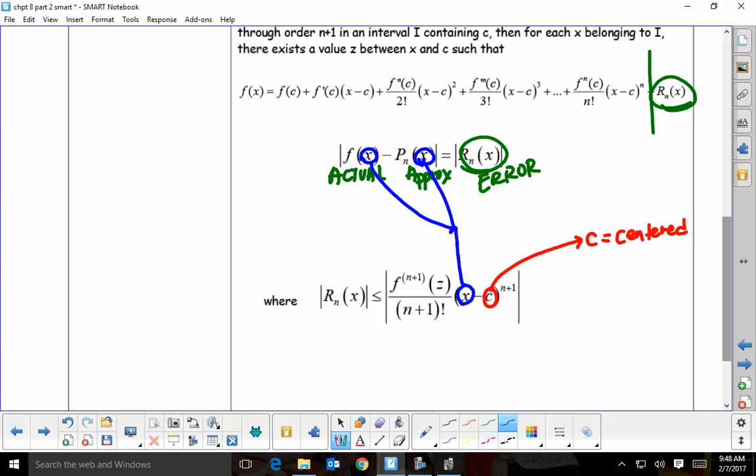It's the value that I'm approximating at. So if I am trying to find sine of 0.1, I'm going to plug 0.1 into my polynomial, and that is my x value. Where am I going to center that? Probably 0. Okay? So this is the value that you are approximating for.